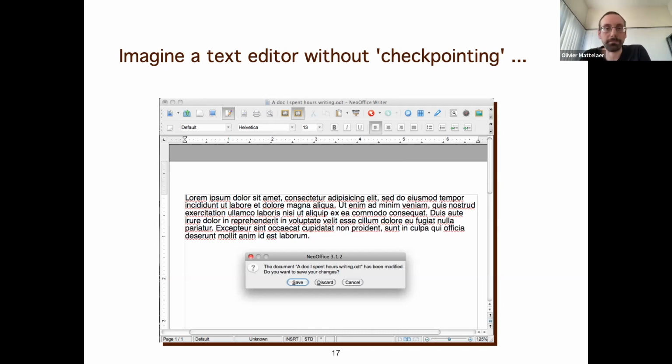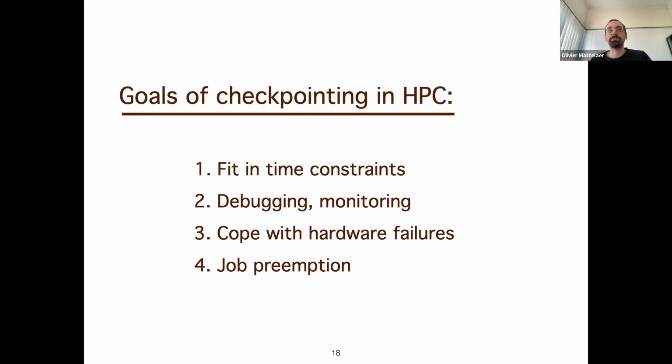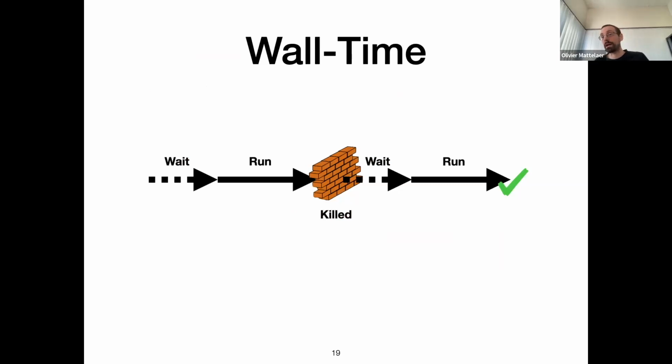But in practice, why do you need that for HPC? There are basically 4 points, and I'm going to quickly speak about them. The first one is wall time. In all clusters, you have a maximal wall time. Typically it can be a couple of hours, it can be 1 or 2 days, or in some cases extremely long.